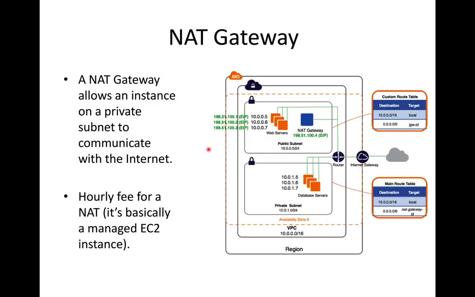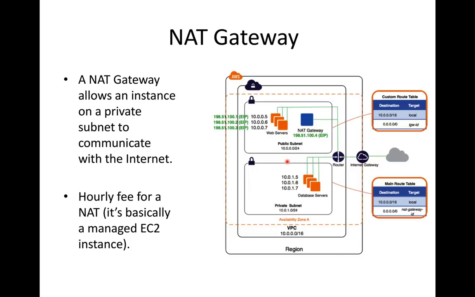Well, you might be asking yourself, what if I have an EC2 instance that lives in a private subnet within a VPC? Maybe those EC2 instances are something like database servers. These EC2 instances in the private subnet, of course, have a private IP address because every EC2 instance must have a private IP address.